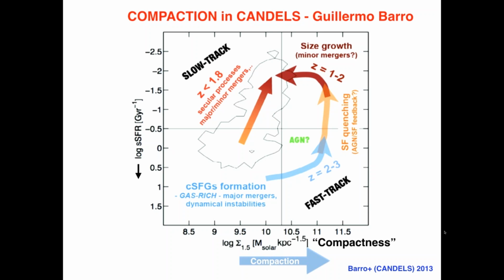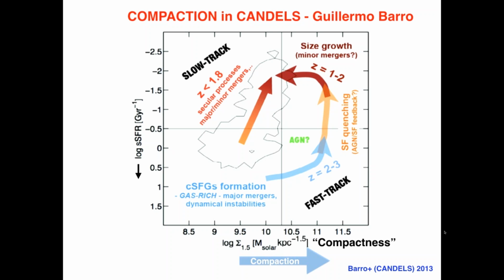So the lower left corner is star-forming galaxies that are not very compact. We call them diffuse. The lower right corner is more compact star-forming galaxies. Upper right corner, compact quenched galaxies, that is not star-forming.